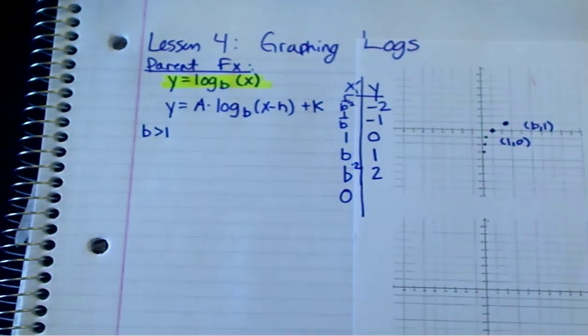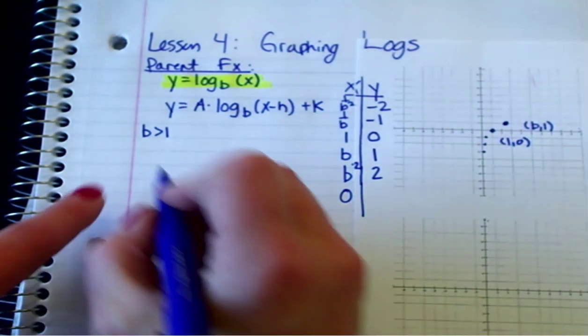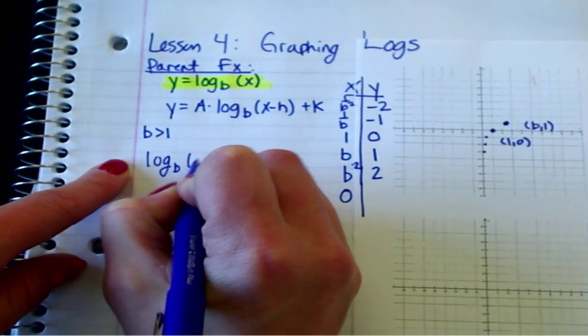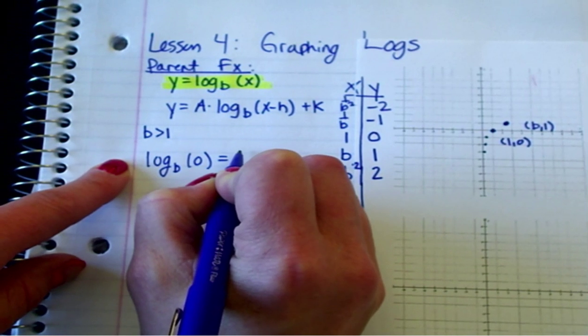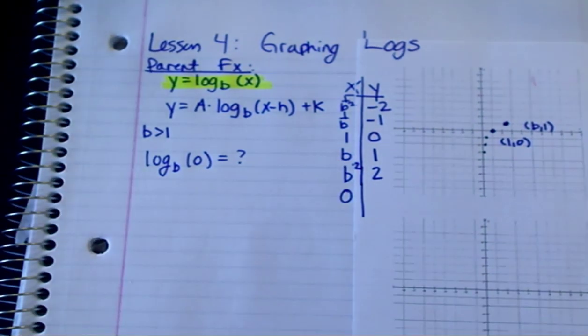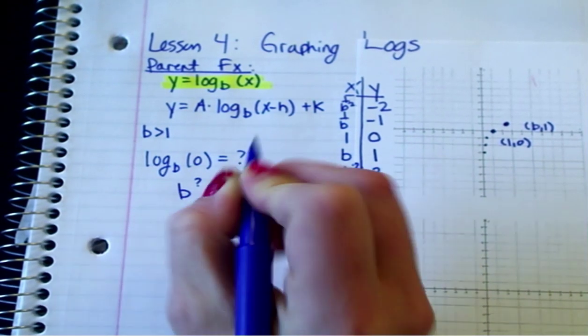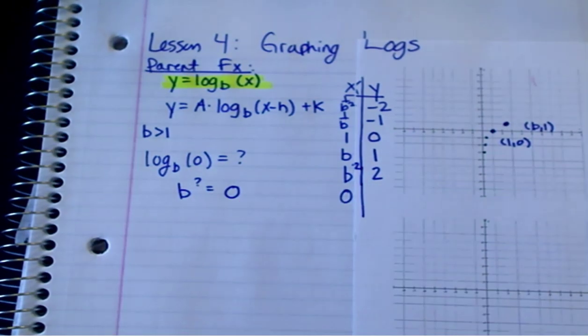Can you plug in 0? B to what power? Okay, this one I'm going to write down. Log base b of 0 equals what? B to what power is 0? Nothing.